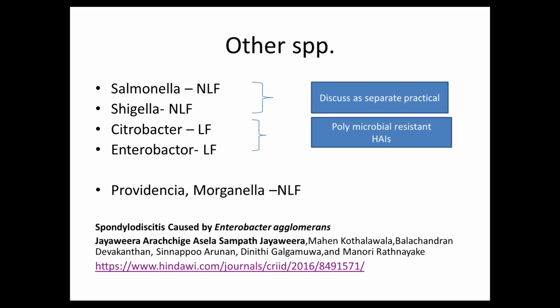You can read later on. This is one of my presentations. You can see the abstract. It's mainly spondylodiscitis, that is infection in the vertebral column, mainly vertebrae infection. You can see the case presentation.